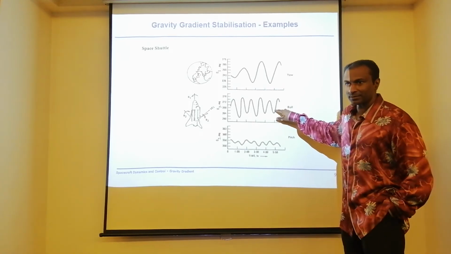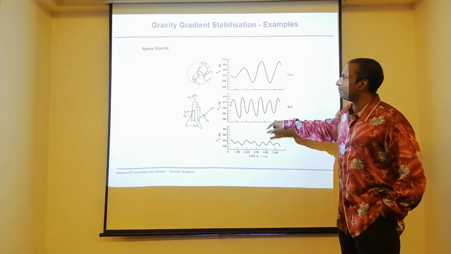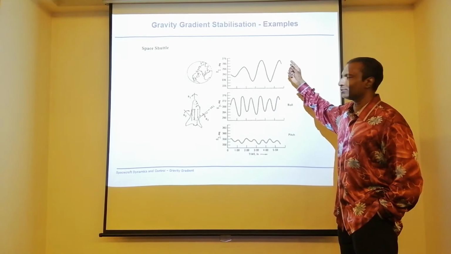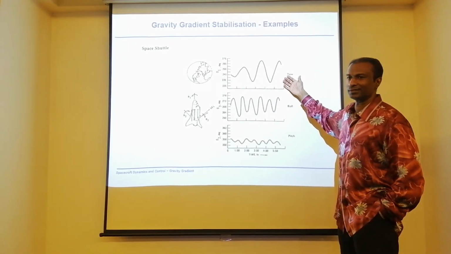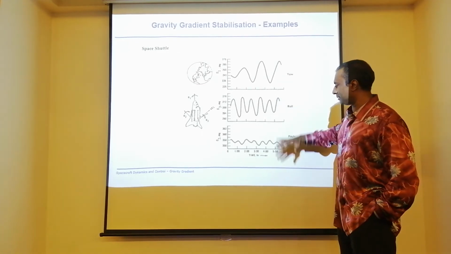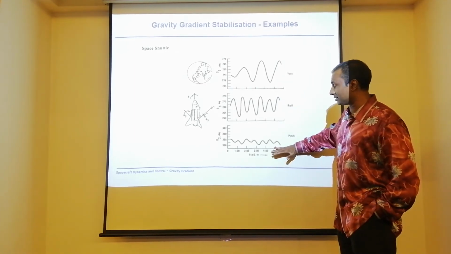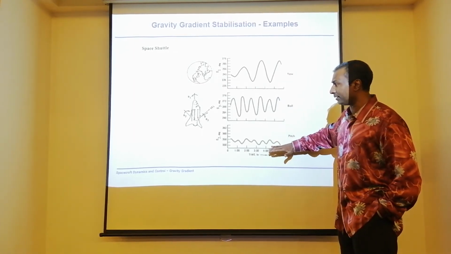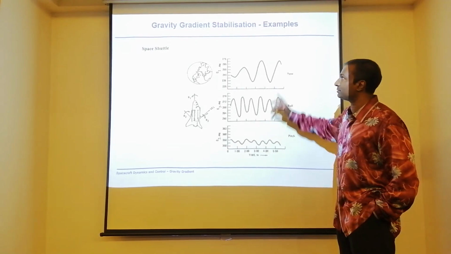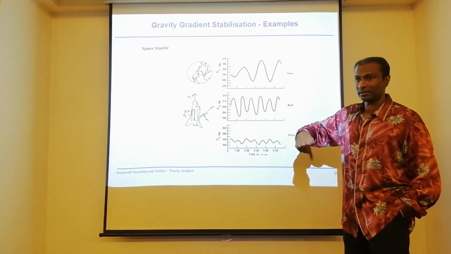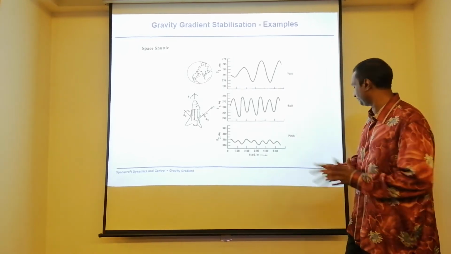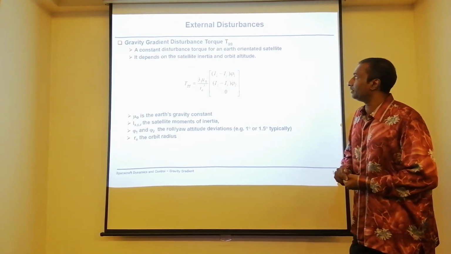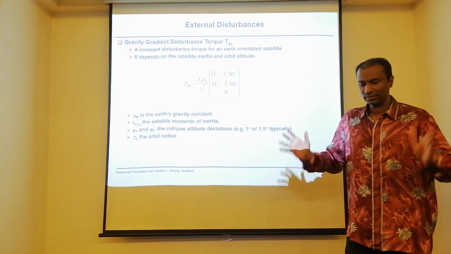That's why it's being influenced in a way, right? But pitch is uncoupled. Don't forget, pitch has the biggest hit in terms of gravity gradient when it comes to gravity gradient stabilization.